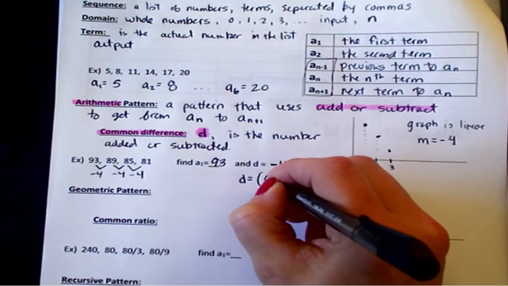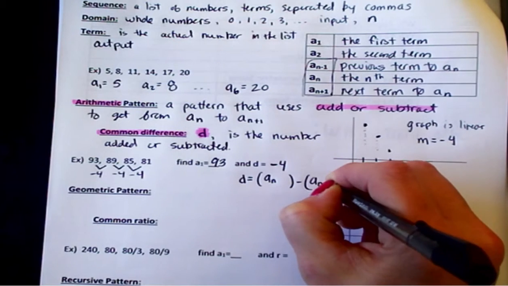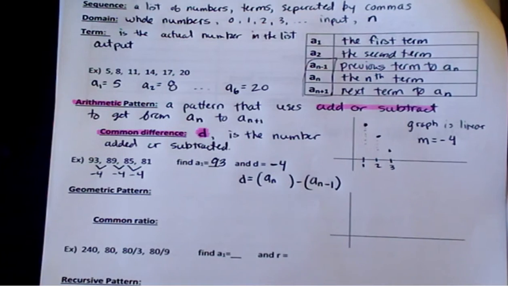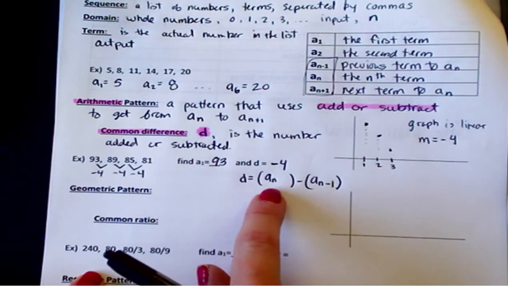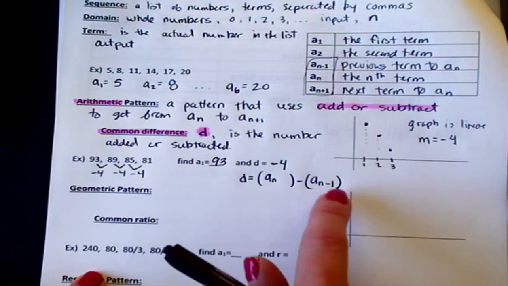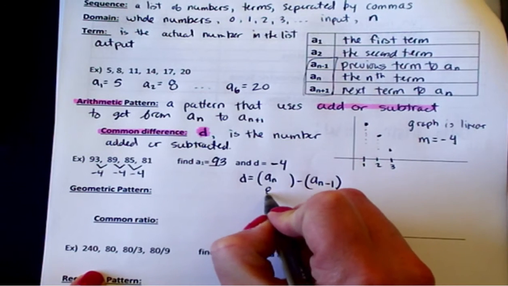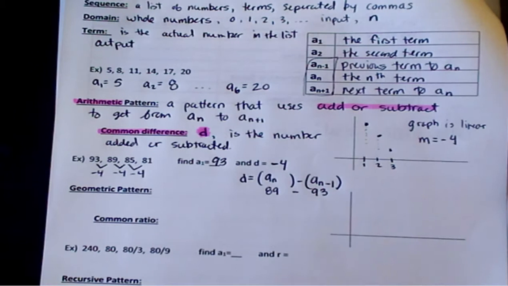Yes. A sub n minus A sub n minus 1. The previous one. So let's try it. Let's see if that works. Okay. 89 minus 93. Yes. So you subtract consecutive terms.